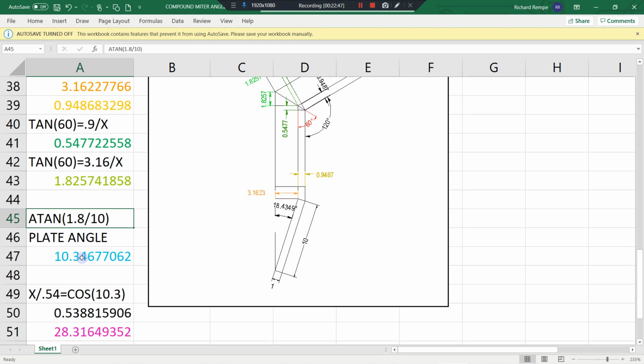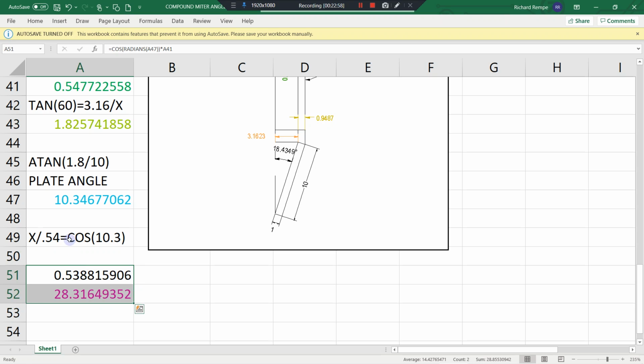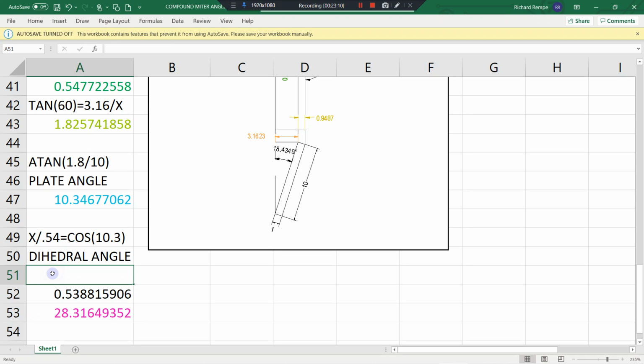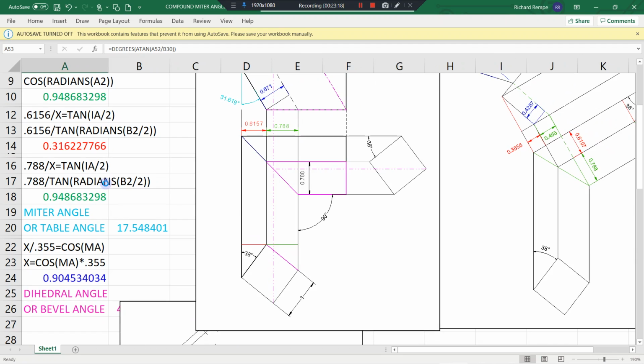That's our 10, plate angle is there. And then x of cosine, this is the dihedral angle, or a bevel cut. That's it.